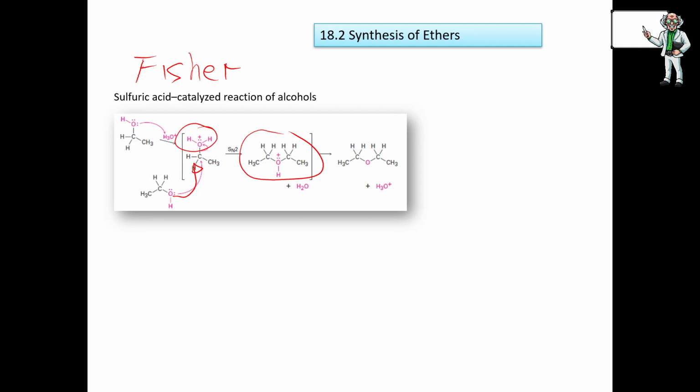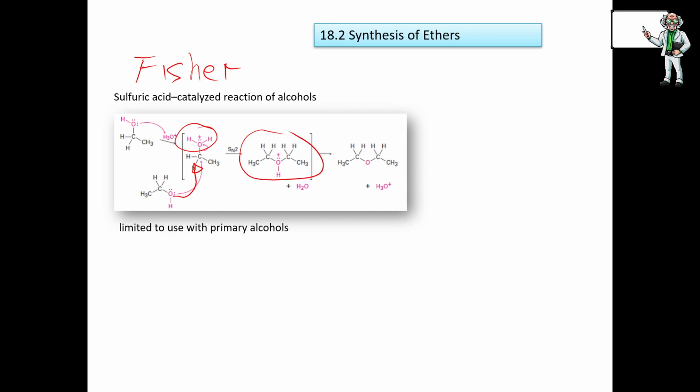Okay, this is one. Of course, this method has several drawbacks. The main drawback is that it only works with primary alcohols that are the same alcohol on both sides of the ether. Why? Because when we add acid to the alcohol, and we have 2 different alcohols, we can protonate one or the other.